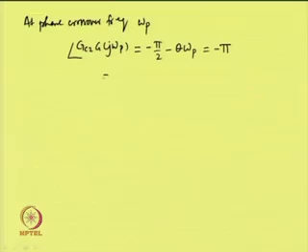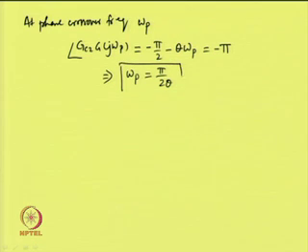So, this expression gives us omega p equal to pi upon 2 theta. So, this is one relation we get using the loop gain.